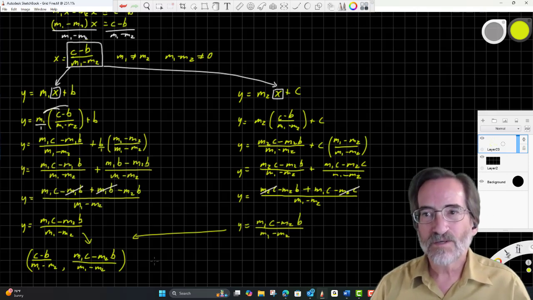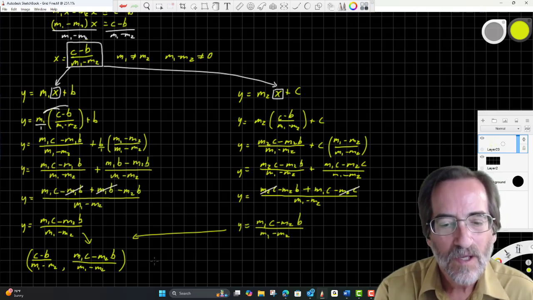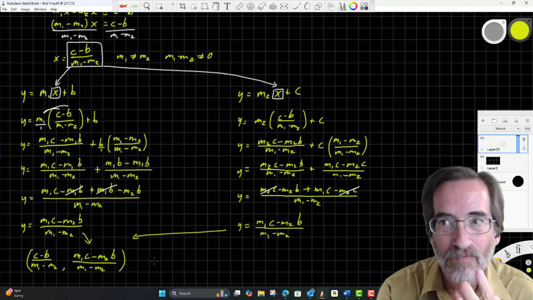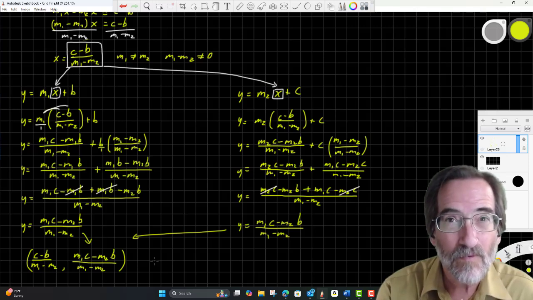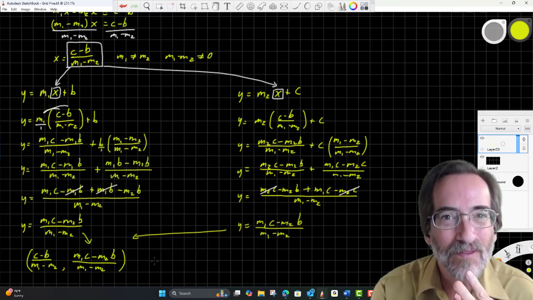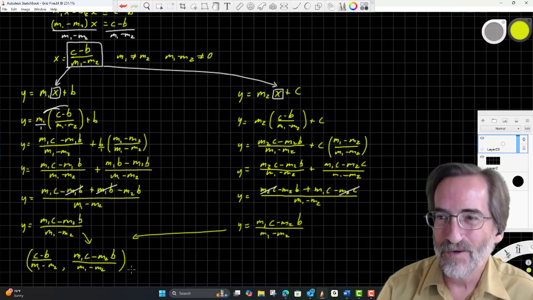All right? So the point being that if the slopes are equal and the y-intercepts aren't the same, then the lines must be parallel and vice versa. Whew. Boy, that's tough.